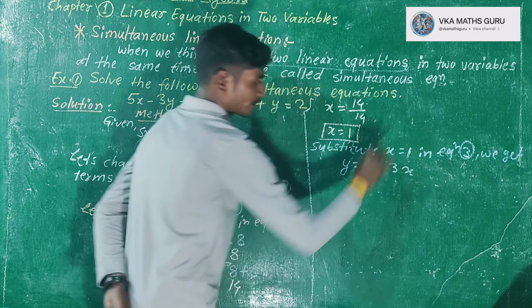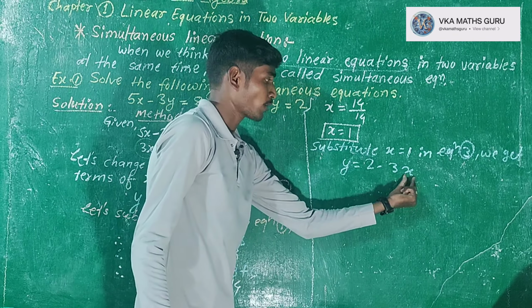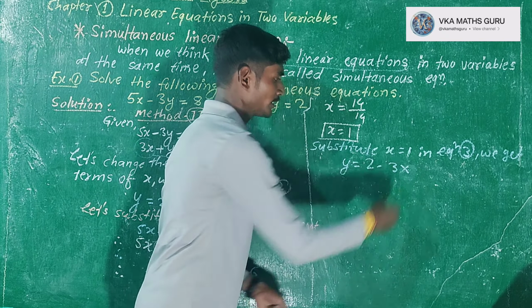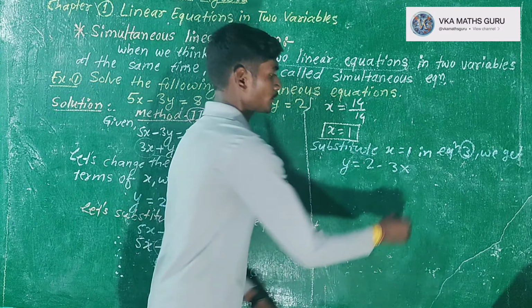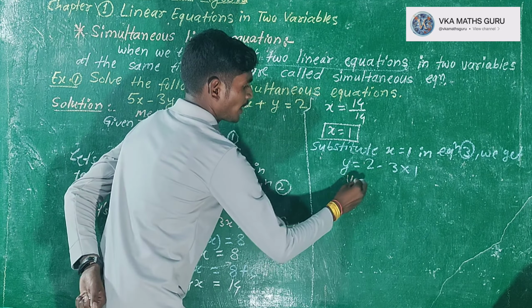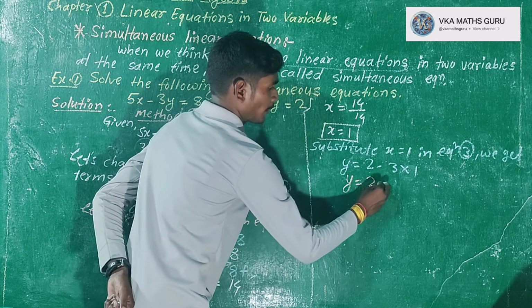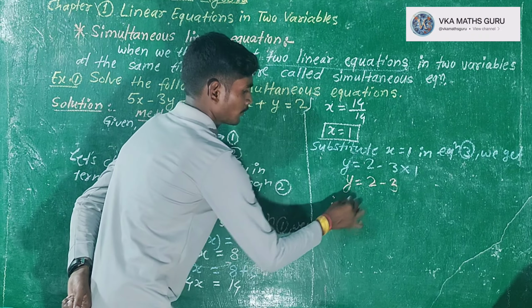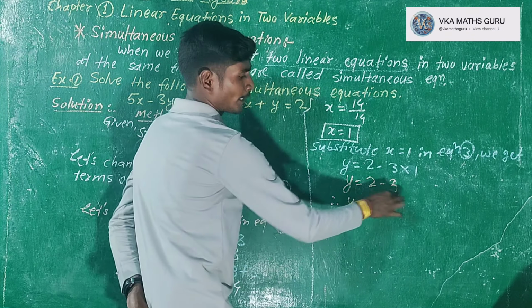But we want to put the value of x equal to 1. So on solving this equation, y is equal to 2 minus 3 into 1, which is minus 3. So y is equal to 2 minus 3.